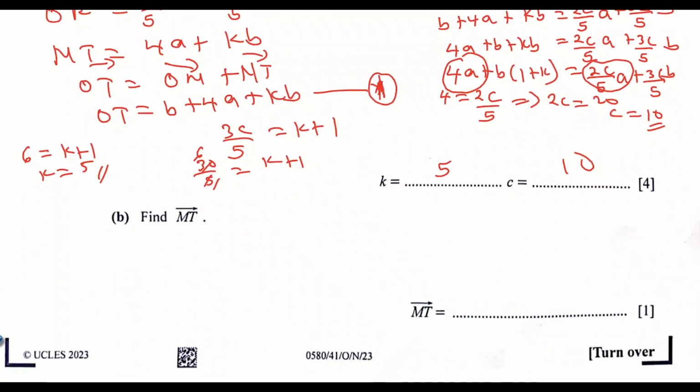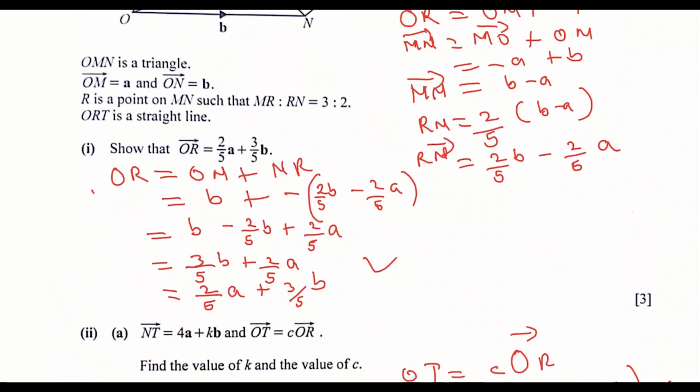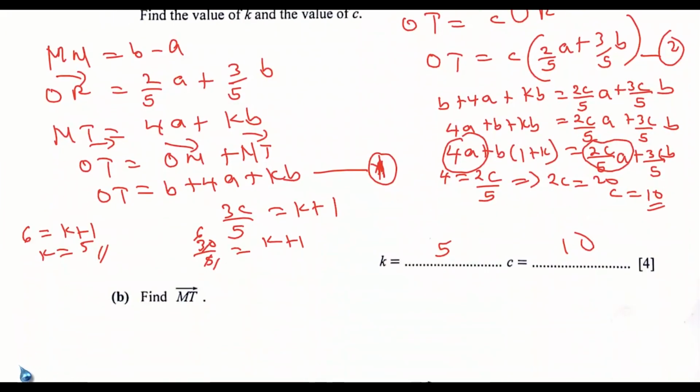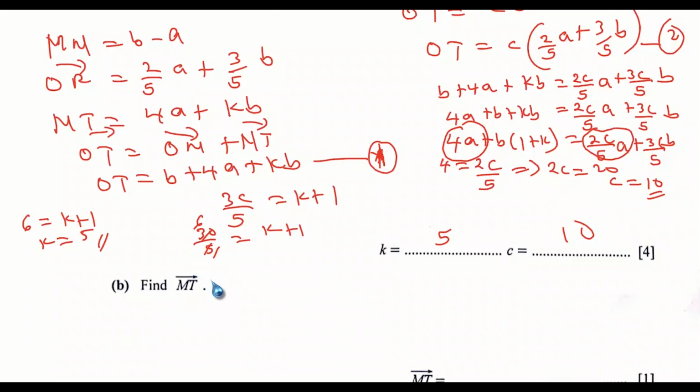For part B, we are asked to find MT. MT will be MO plus ON plus NT. So we are going to have MT equal to MO plus ON plus NT.